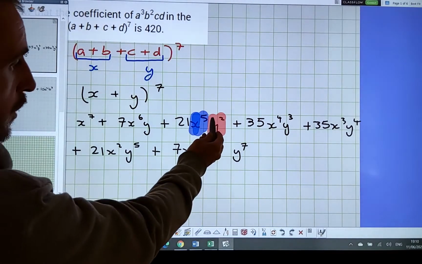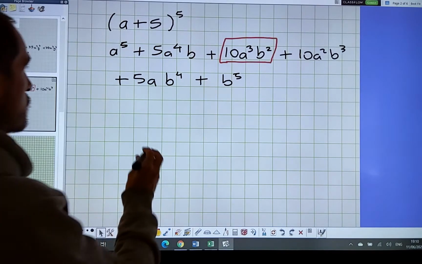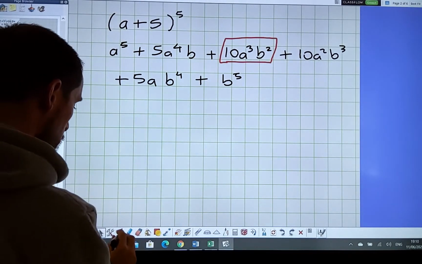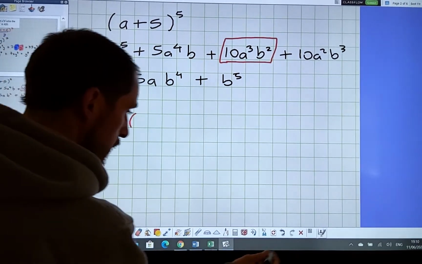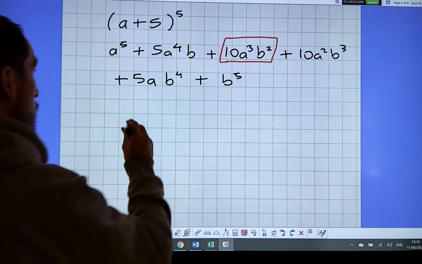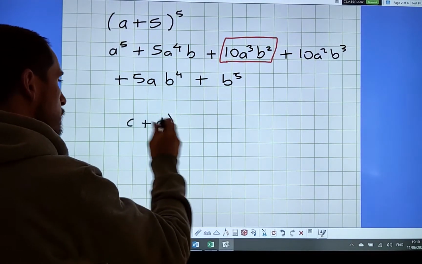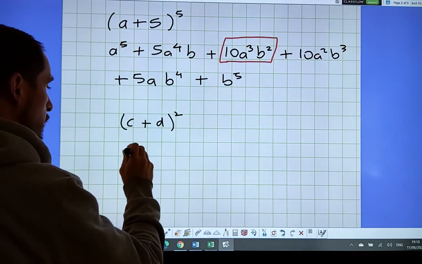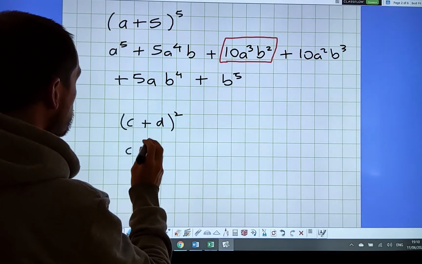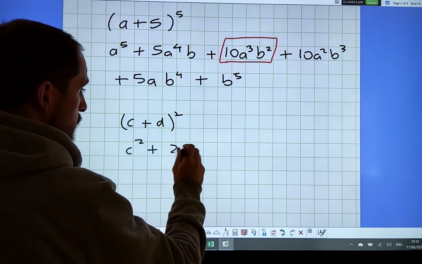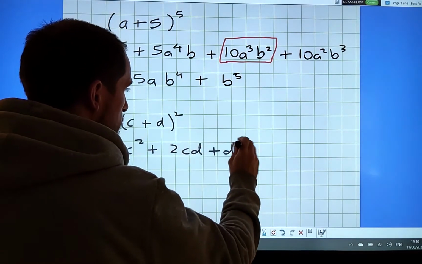And I have here it's y squared, so I want to just do c plus d squared. So I'm just going to do it down here. Okay. So I've got c plus d squared. Now that's fairly straightforward. It's equal to c squared plus 2cd plus d squared.